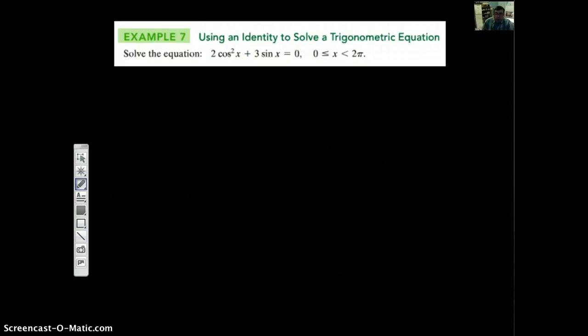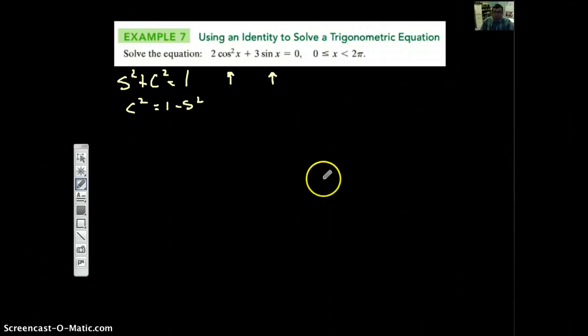Okay, well, here's a new problem. Now, notice here I have a cosine squared, and I have a sine. Well, I don't know how to substitute sine and cosine, but for a cosine squared, I know that sine squared plus cosine squared is equal to 1, Pythagorean identity. So cosine squared is equal to 1 minus sine squared.